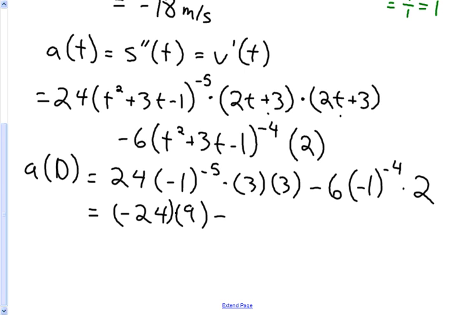So I'm going to have negative 6 times 2, which is negative 12 there. So negative 24 times 9 minus 12 works out to negative 228. Sorry, 228 meters per second squared. And that's it.